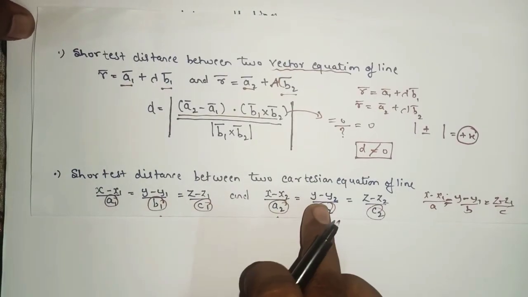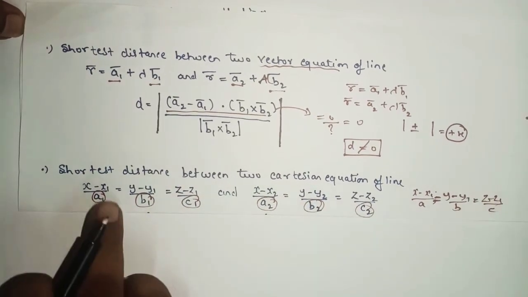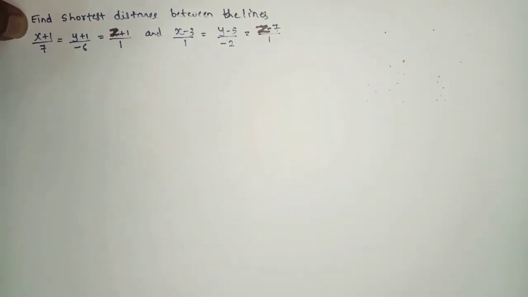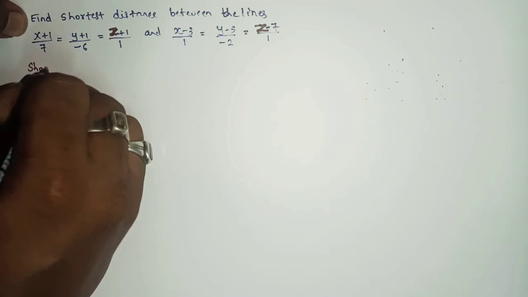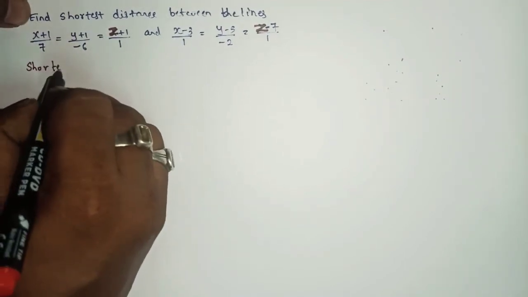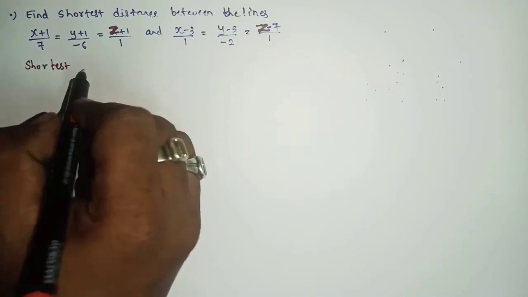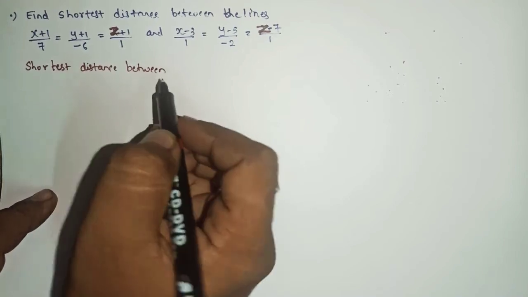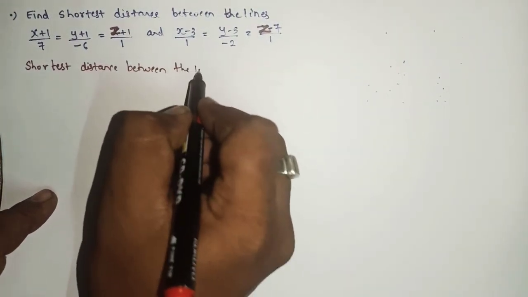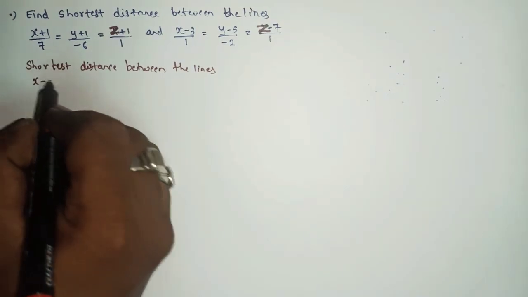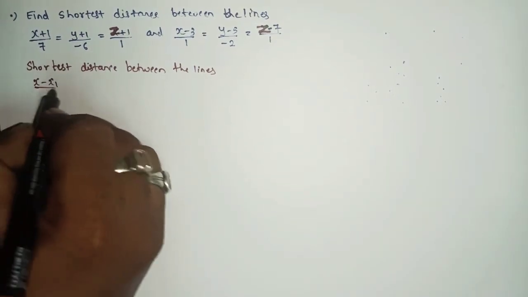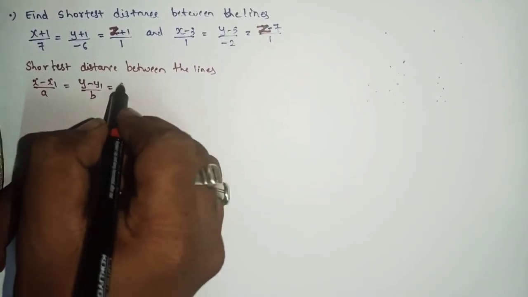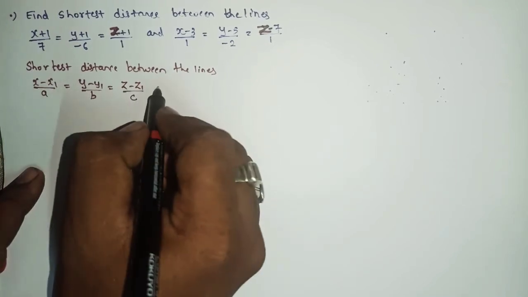Okay, so here we have two Cartesian equations. We'll compare them with the standard form, where you will get x1, y1, z1, a1, b1, c1, x2, y2, z2, a2, b2, c2. So here we'll write the shortest distance between the lines (x minus x1) upon a, (y minus y1) upon b, (z minus z1) upon c.